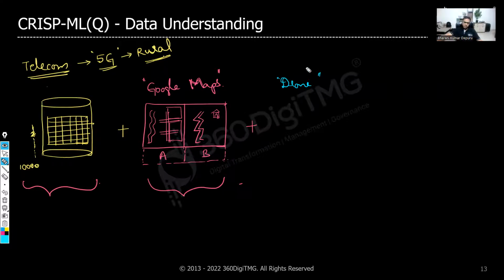The moment they told we are going to charge you, that becomes syndicate data. Syndicate data is that data which will be sold. Data which is available for free is called open source data. Okay, so we paid some money to this drone analytics company, and we got the data.